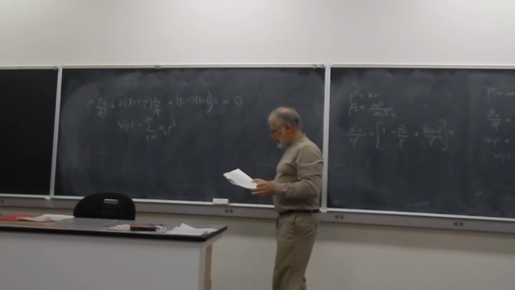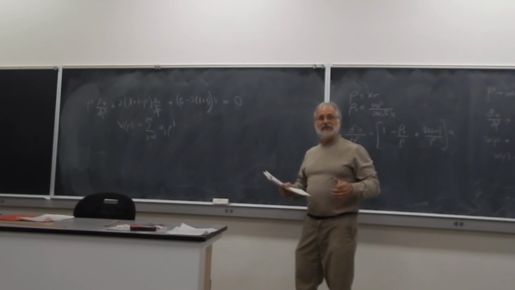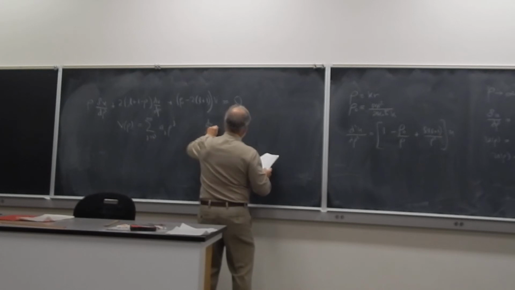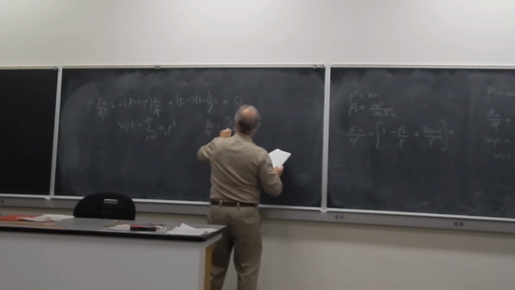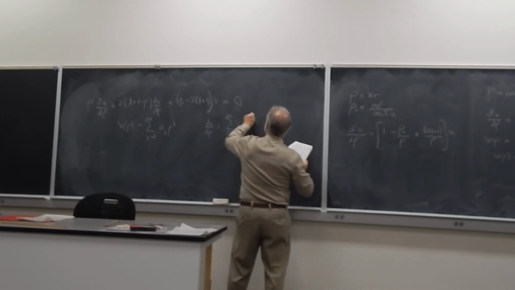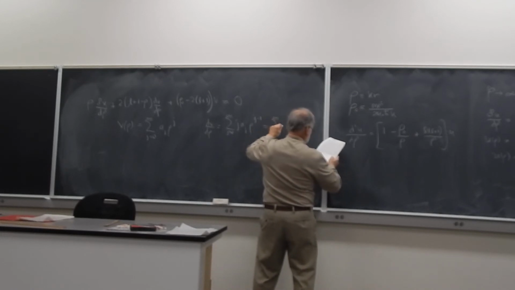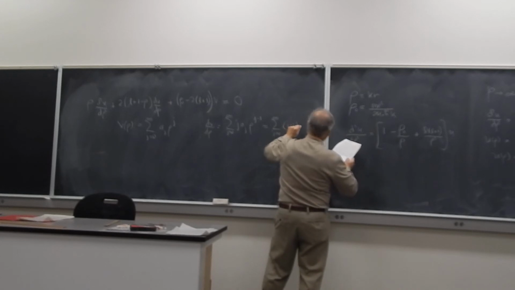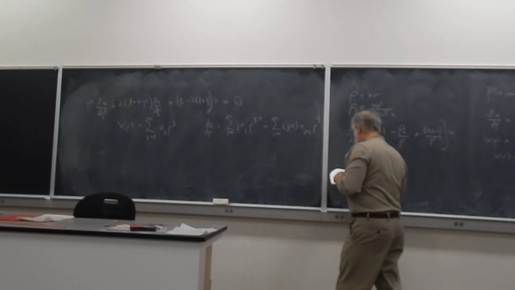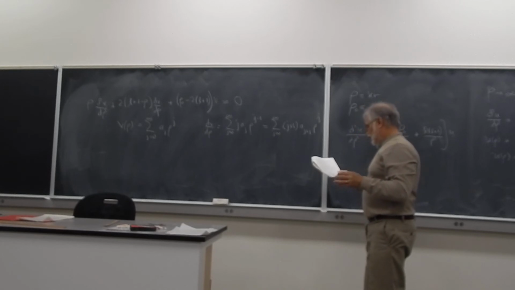Okay, so what we have to do then is differentiate v of rho term by term. So dv d rho is equal to the sum from j equals 0 to infinity of j a sub j rho to the j minus 1, and I can write that as the sum from j equals 0 to infinity of (j plus 1) times a sub j plus 1 rho to the j. j is a dummy index, so we let it go from j to j plus 1, no harm done.